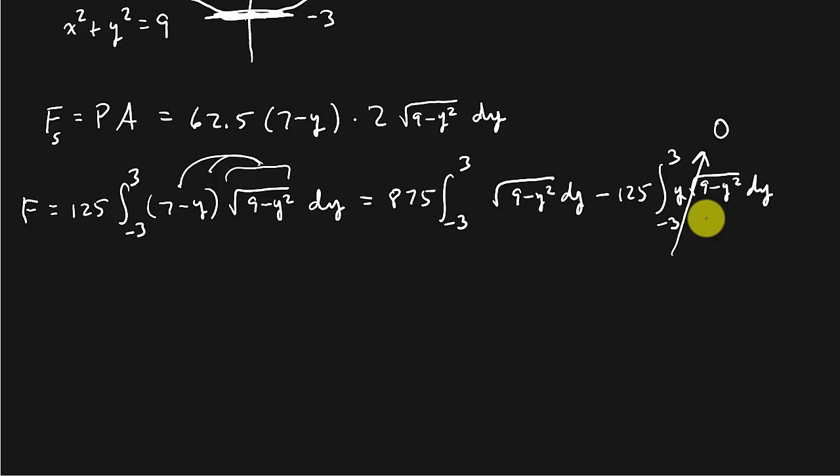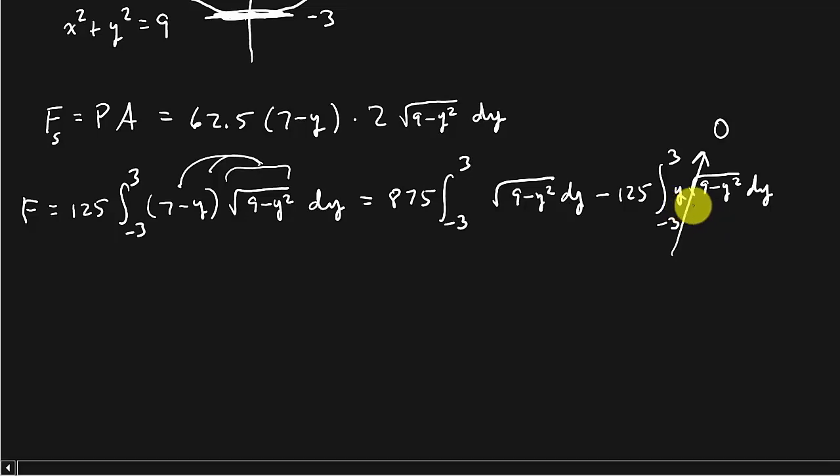It's back when you first started learning how to integrate. It says that if our function in here is an odd function, and our limits are -a to a, which in this case is -3 to 3, and this function is odd, then it's 0. So that's just going to leave me with 875 times the integral from -3 to 3 of the square root of 9 minus y squared dy.